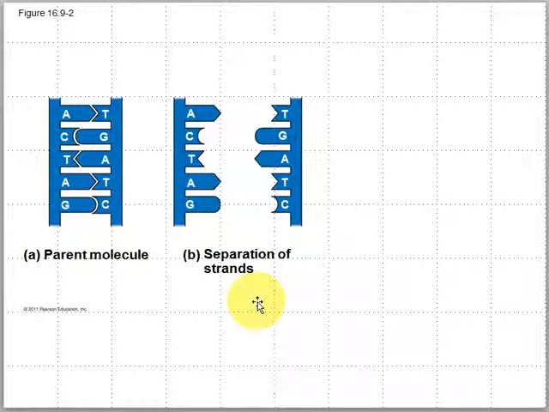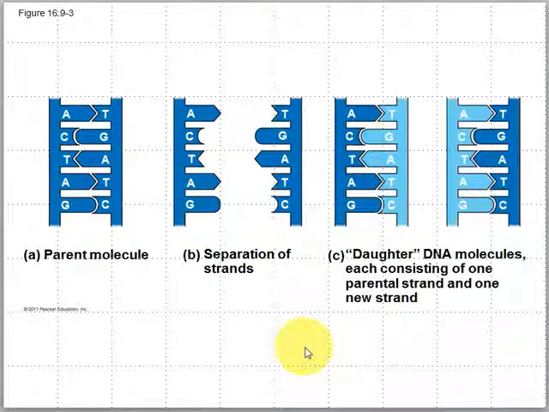The basics of replication are that this molecule will unzip or separate down the center, and then these two strands can each form a new strand of DNA using this as a template. So each daughter DNA molecule consists of one of the parental strands plus one brand new strand that was created to match those bases.